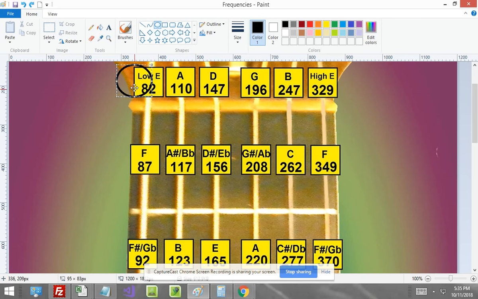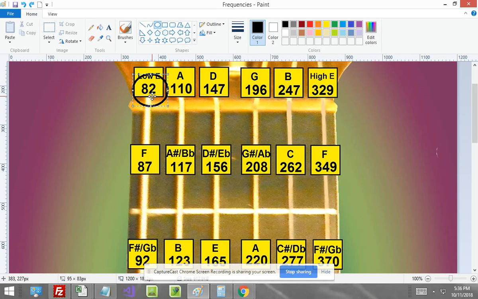82 and 165. Let's play these two E's that just happen to be separated by an octave. Let me play this for you. E, E, E, E. See how those notes sound harmonious? You know why they sound harmonious? Check this out.